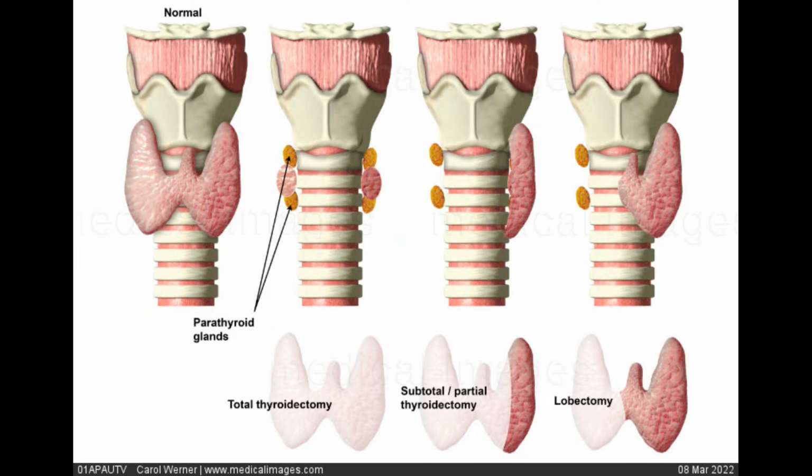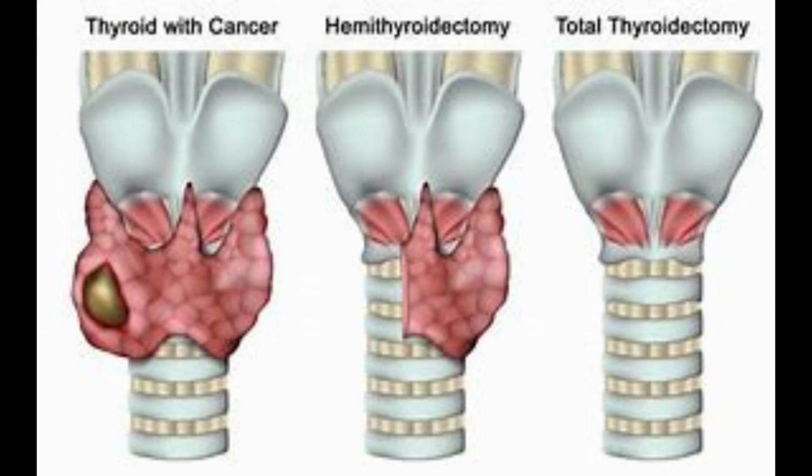Now, the patients that are having problems with hypothyroidism. In this picture, viewers, you'll see a thyroid gland that has a cancerous growth. So sometimes when thyroidectomy is done, it's because of cancer and not because of Graves' disease.